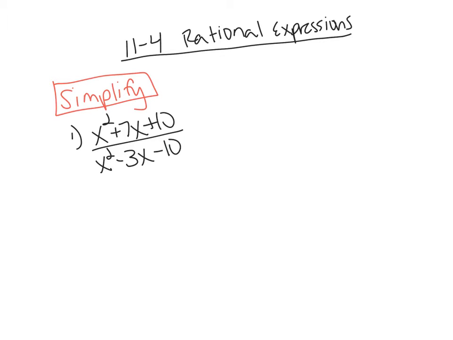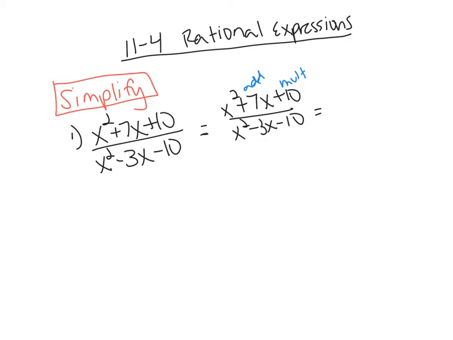Notice we have a quadratic expression on the top and a quadratic on the bottom. So anytime we have a quadratic expression, we want to see, can we break that apart into its linear components? Since this is a quadratic trinomial, I'm looking for two numbers that multiply to 10 but add to 7.